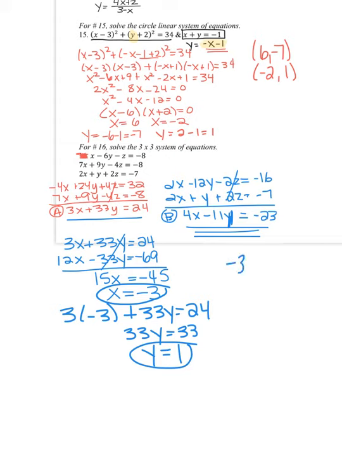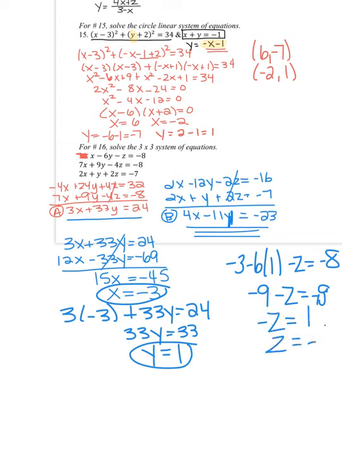So x minus 6y minus z equals negative 8. This would be negative 9 minus z equals negative 8. And then I add the 9, negative z is equal to 1, z is equal to negative 1. So my answer, negative 3, comma 1, comma negative 1.